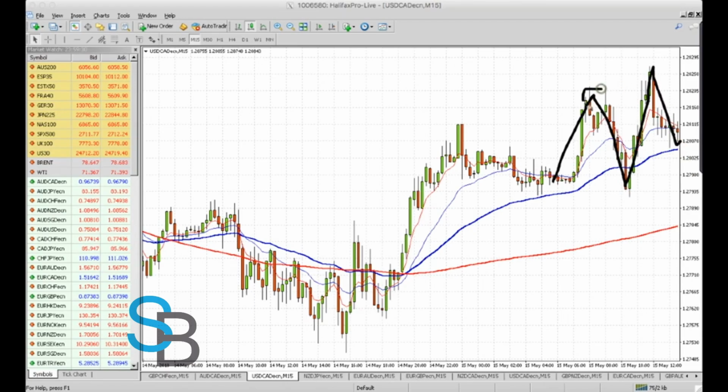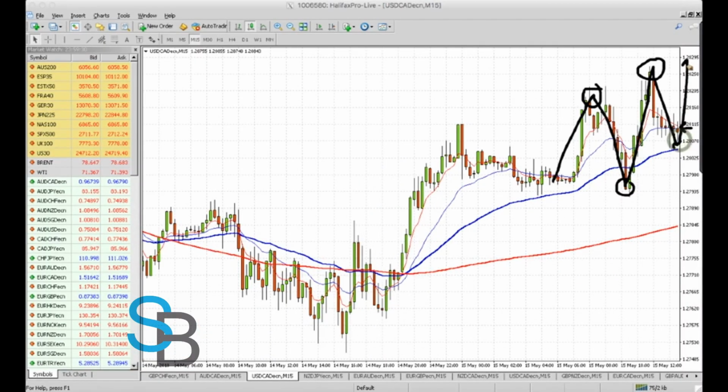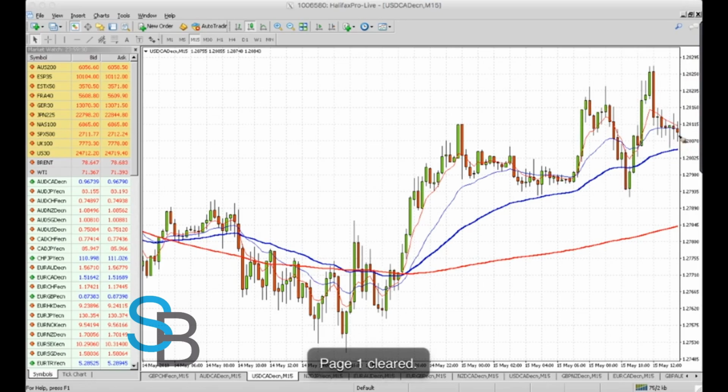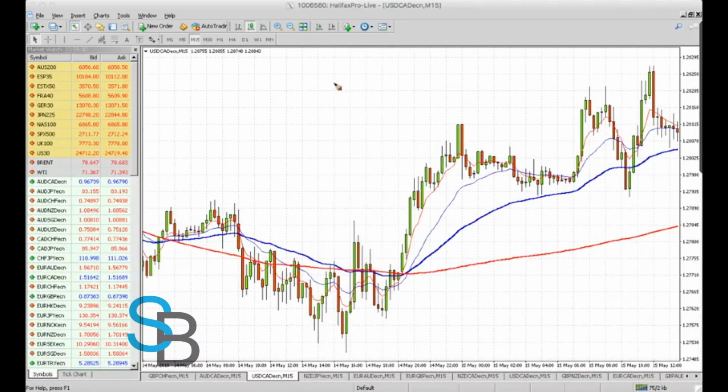Can you see? Higher highs and higher lows, right? So we could potentially enter here to catch the next wave up. And again, notice that the moving averages must be in sequence. The 18 EMA is above the 50, 50 above the 200, all right?